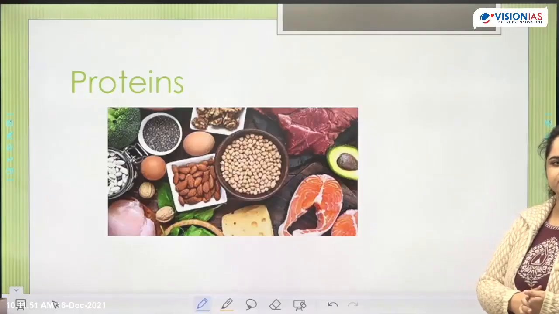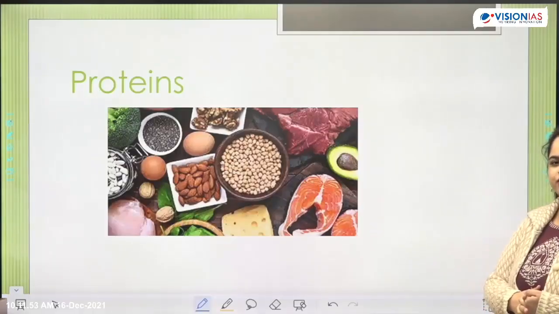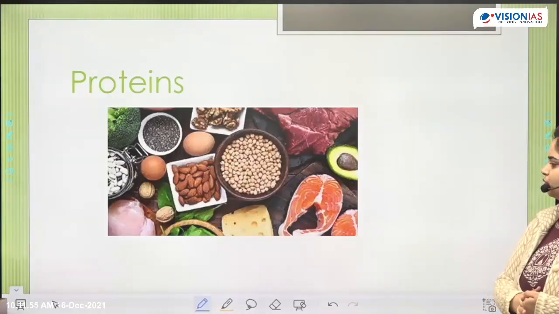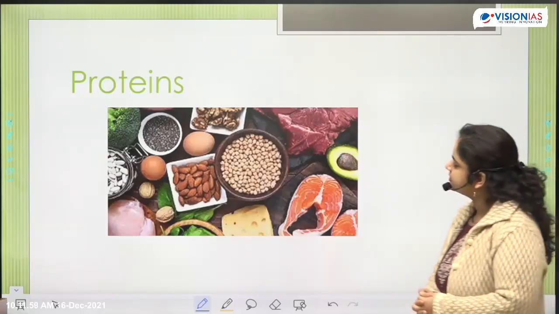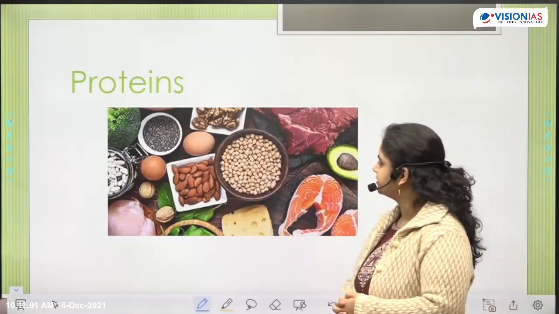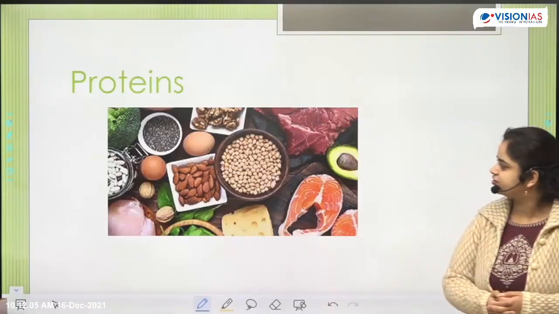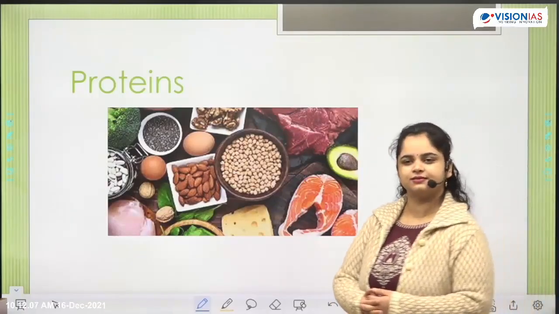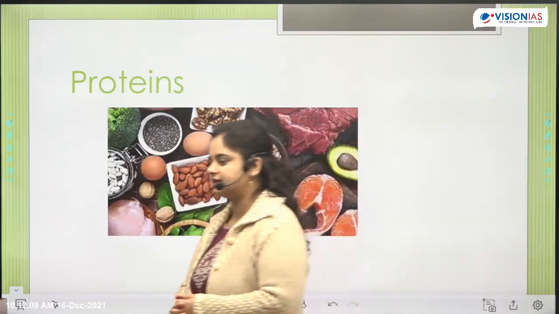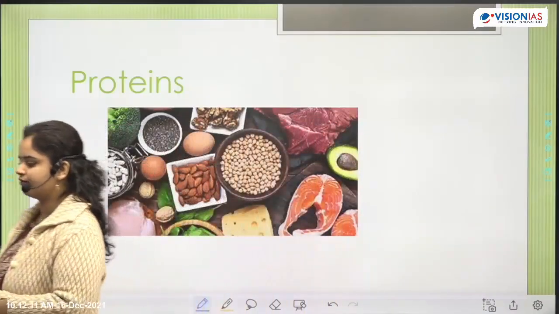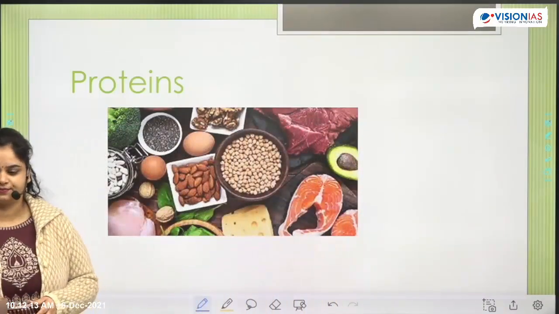Second of the macronutrients, proteins. So here you can see we have some nuts, we have some eggs, we have fish, cheese. All of these are supposed to be sources of proteins.